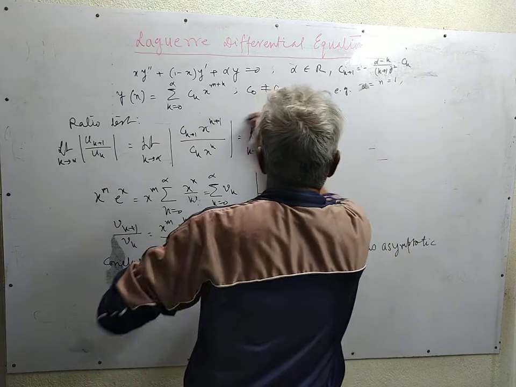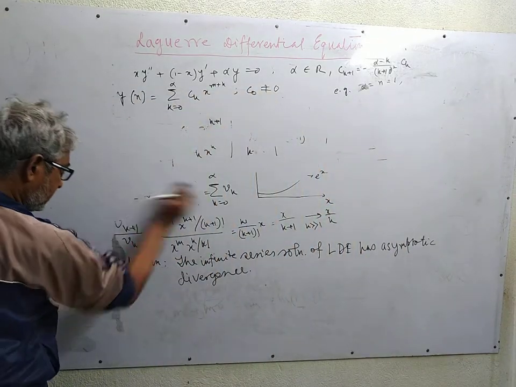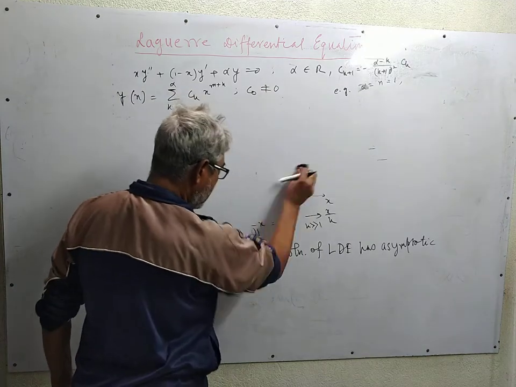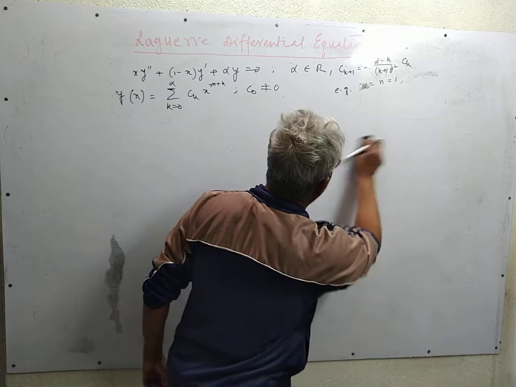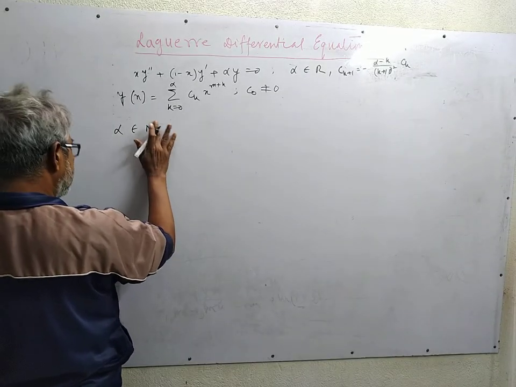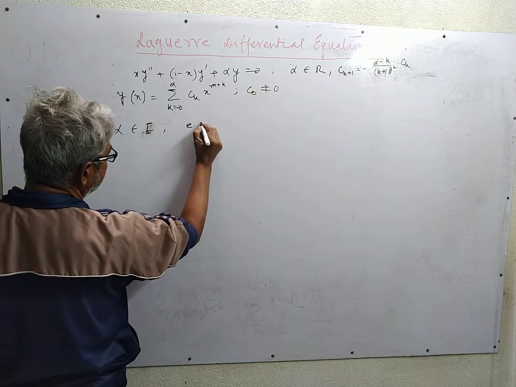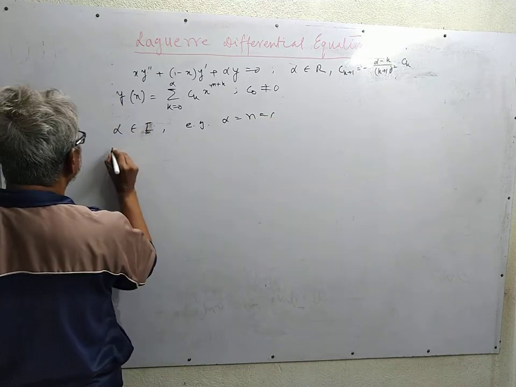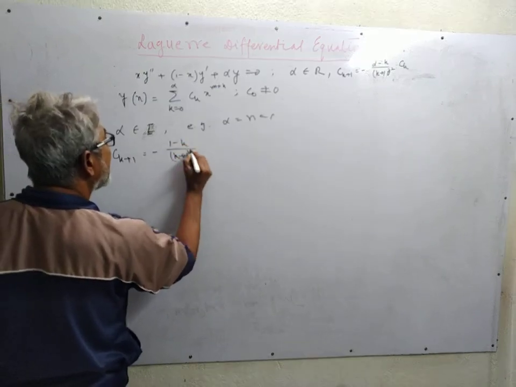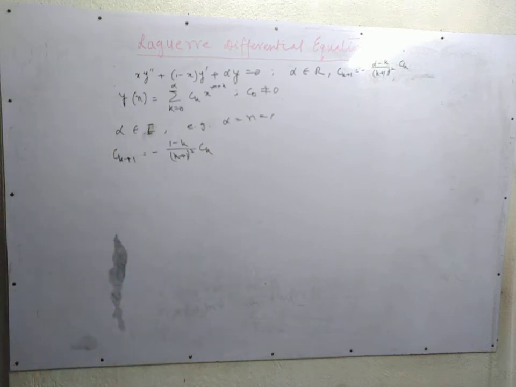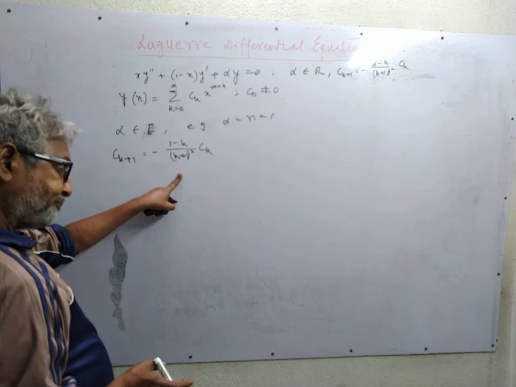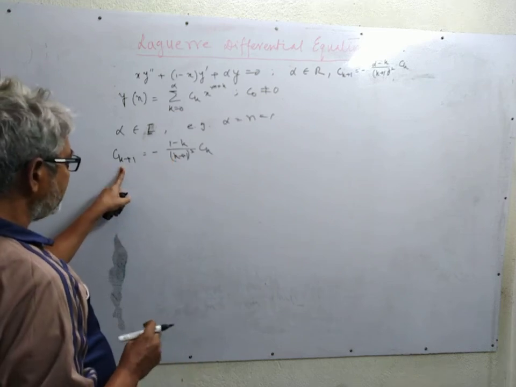If we choose a special value of alpha, that is, alpha is a natural integer, for example alpha equal to n equal to 1, in which case c(k+1) becomes minus (1 minus k) whole square ck, and we see that C0 is not 0, and for C1 we need to put k equal to 0.